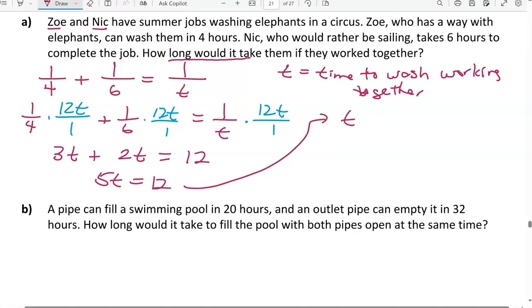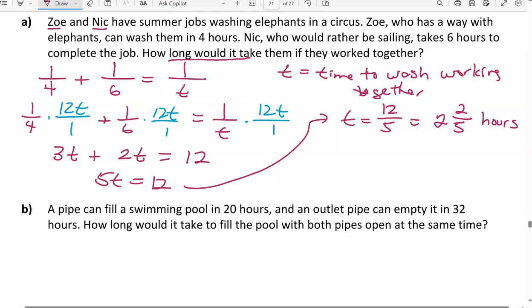That's going to give us t is equal to 12 divided by 5, or that would be in an instance where we probably want a mixed number form of the answer. 5 goes into 12 2 times with 2 leftovers, so that's 2 2/5, and that would be measured in the same units as the other times, which would be hours.